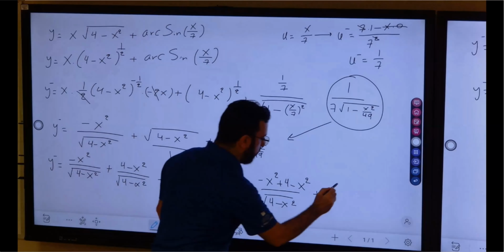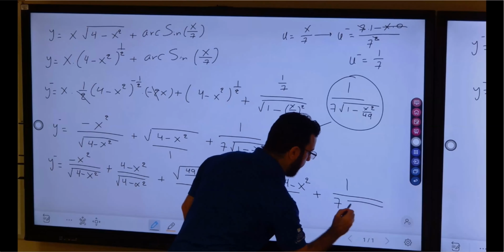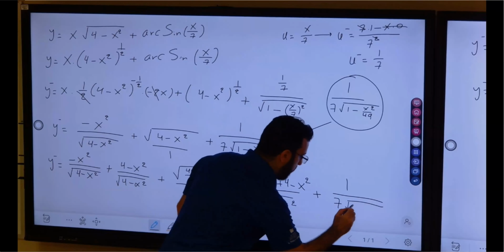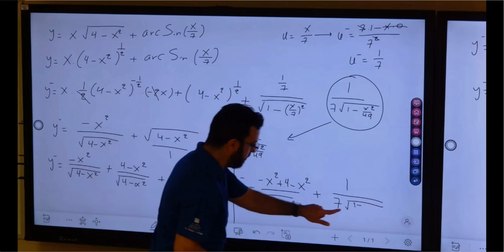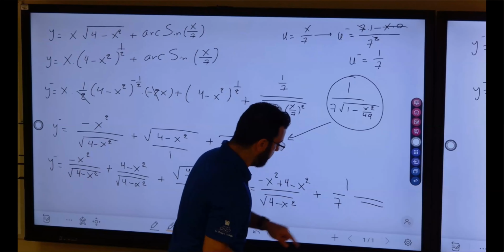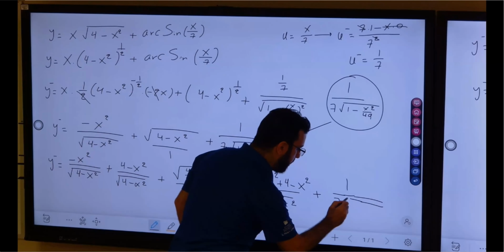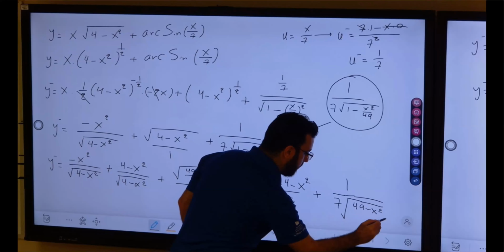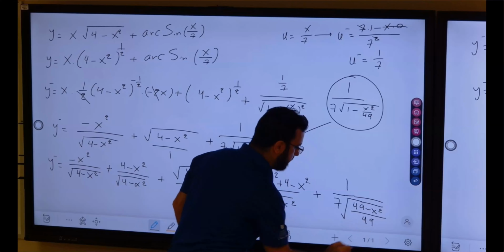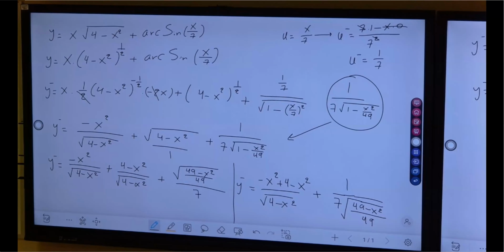Going to be 1 over 7 square root of 1 minus. Let's combine these together. That's what we did. 49 minus x squared. Yes. 49 minus x squared. Okay. Then that'll become 7 times.